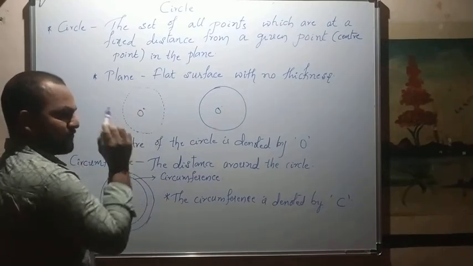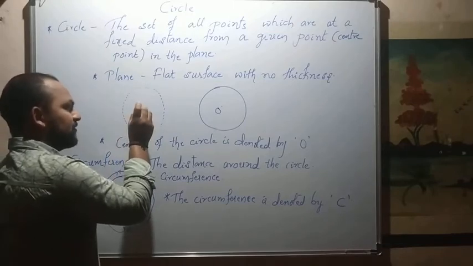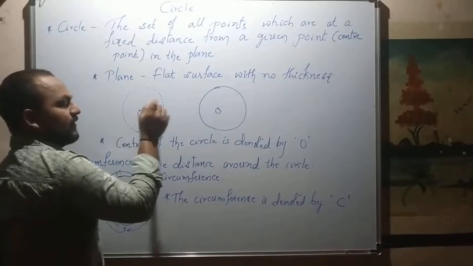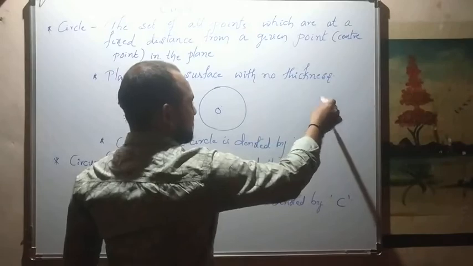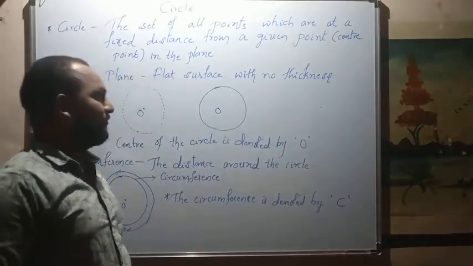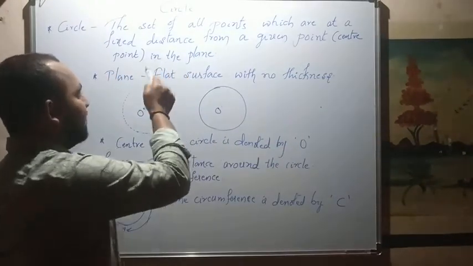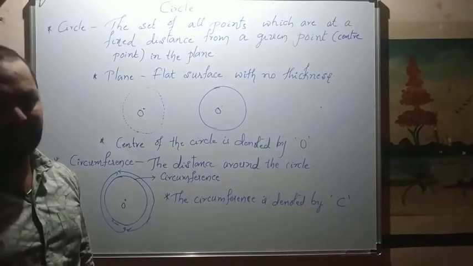This is the center of the circle. The distance between the center and the given point; the given point means the center point.